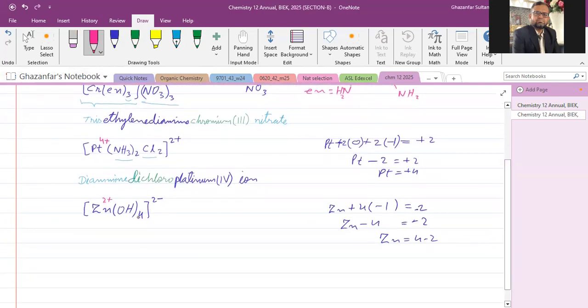So now we are to write the name of the complex. There are 4 hydroxide ions. So tetra, tetra means 4. Hydroxide, so we will write hydroxo, tetrahydroxo.